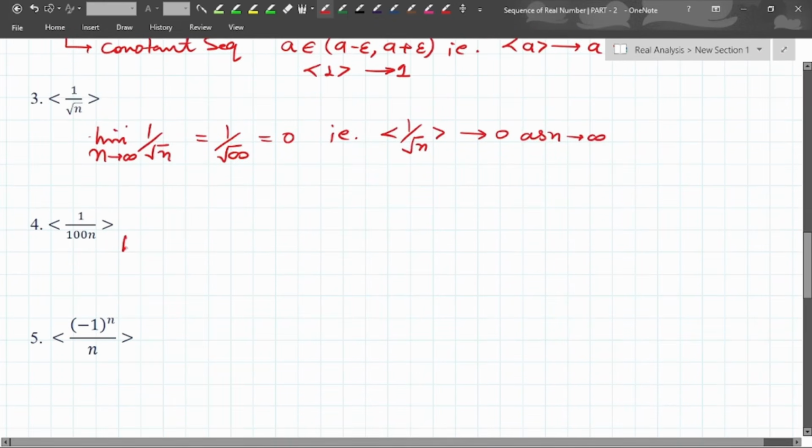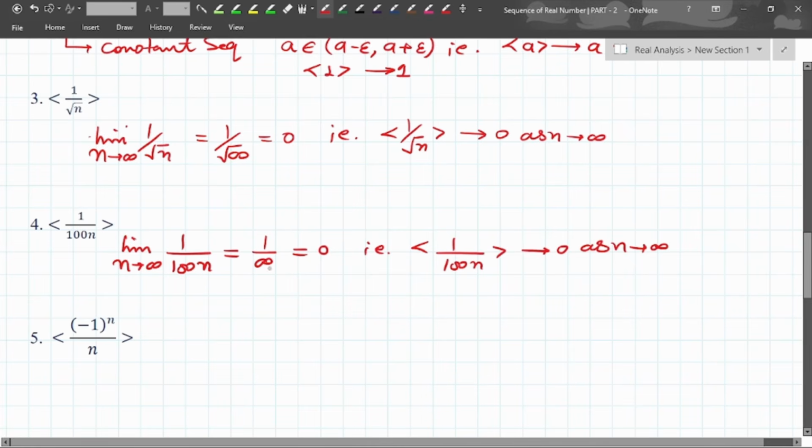Again, the limit as n tends to infinity of 1 upon 100n is 1 upon infinity, and this will be 0. So the sequence 1 over 100n converges to 0 as n tends to infinity. This is one of the easiest ways to find whether a sequence is convergent or not.